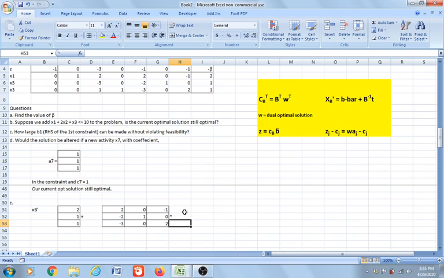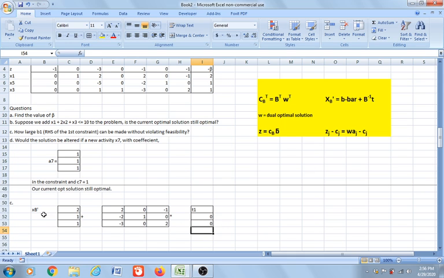Times T. So T is how much of the right hand side that we will change. We have three constraints, so we will say that the change will be T1, T2, and T3. Since the problem only asks for the change in the B1, the right hand side of the first constraint, T2 is 0 and T3 is 0.